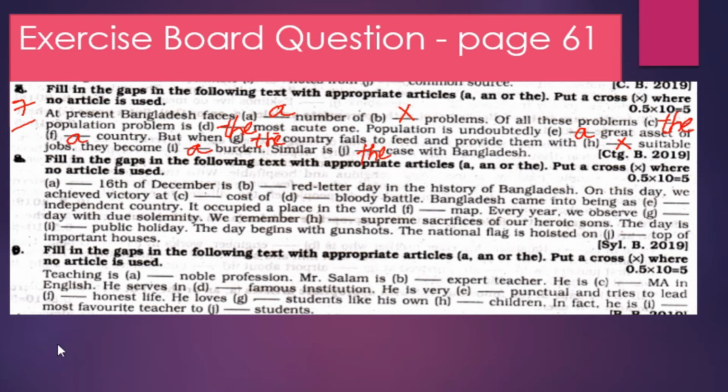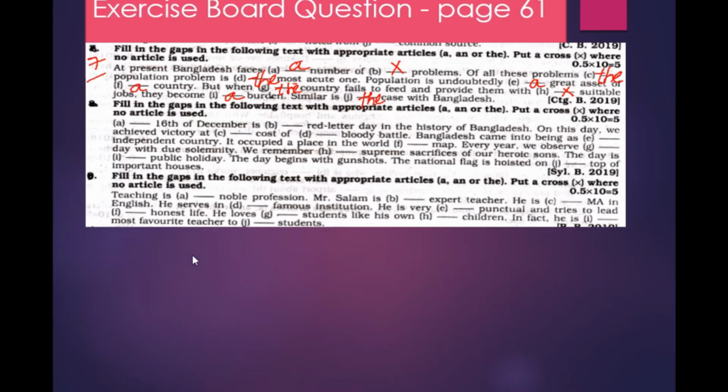So here, how will you write the answer? This is the answer to the question number 7.